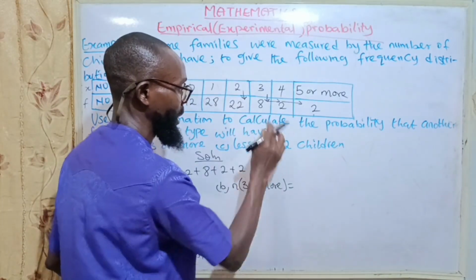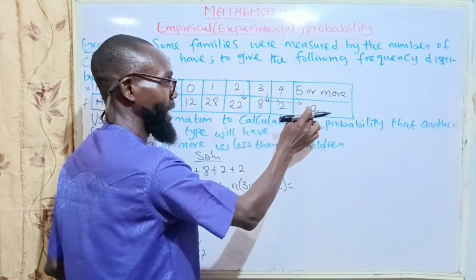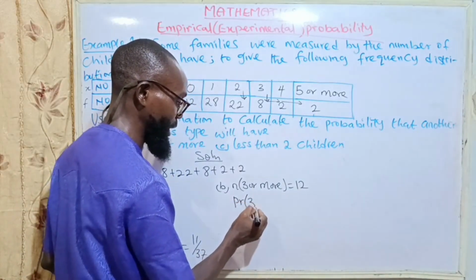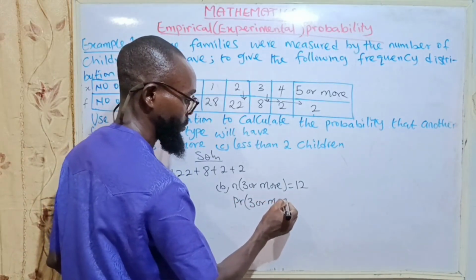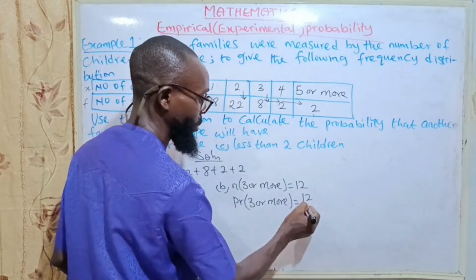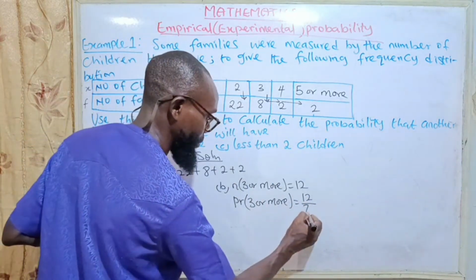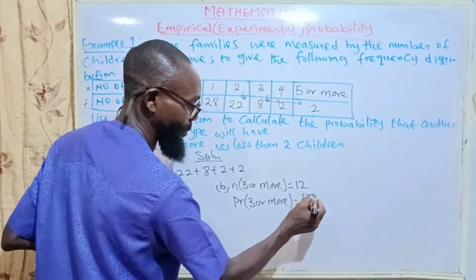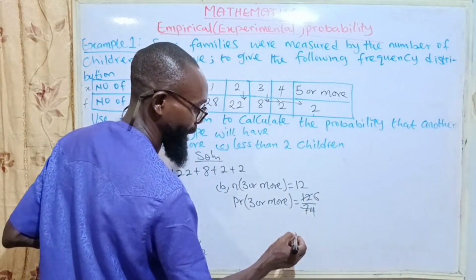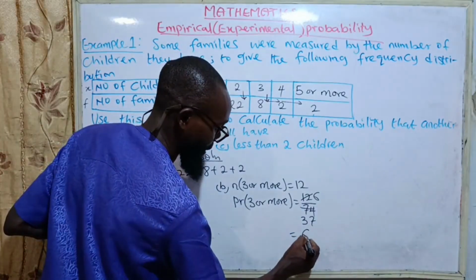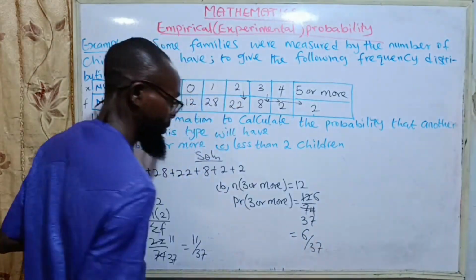So 8 plus 2 is 10, 10 plus 2 is 12. Then the probability of 3 or more equals 12 over the total number that we calculated here, 74. 2 goes here, we have 6. 2 goes here, we have 37. Then we have 6 over 37.